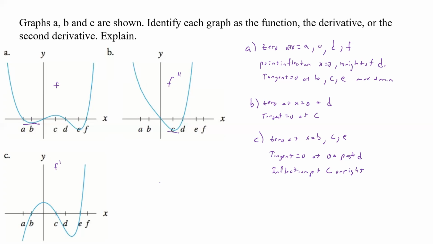So A is equal to the function, B is equal to f double prime, and C is equal to f prime. Okay, so I think what we have here works. And again, we pulled out everything we knew, and then we were able to fit it with what we had. All right, so let's stop there, and we'll come back for more.